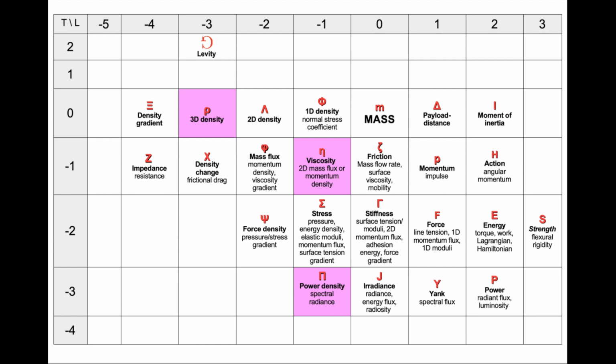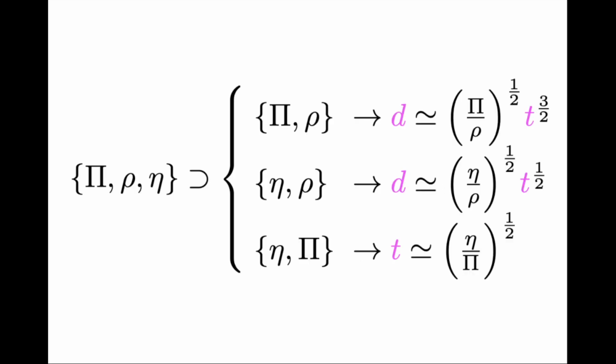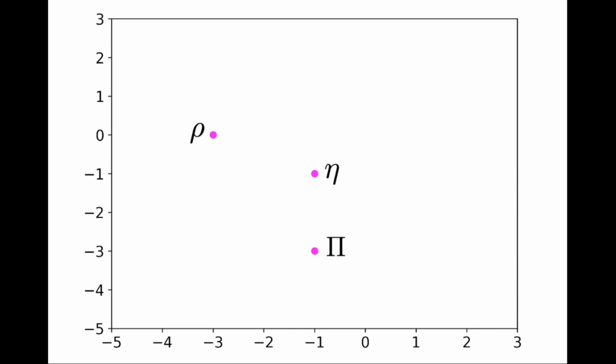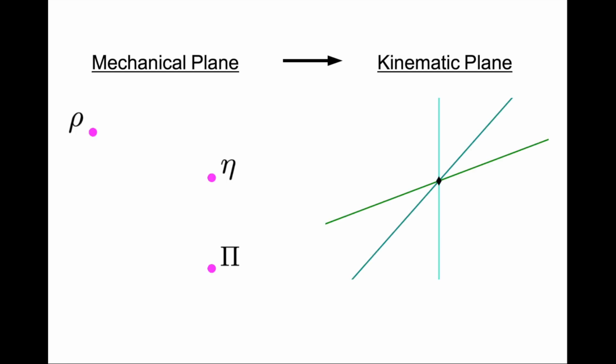The three mechanical quantities lead to three pairs associated with three regimes, here given in the canonical perspective. The three mechanical quantities form a triangle in the mechanical plane, so the regimes associated with the three pairs intersect at a single location in the kinematic plane, at what we call an event, a space-time point.